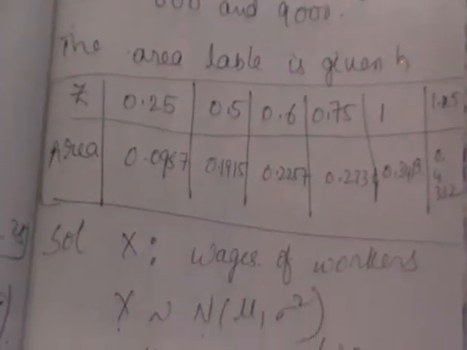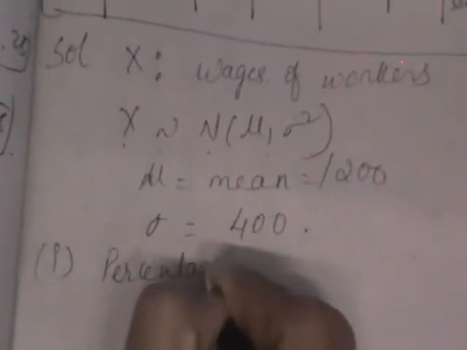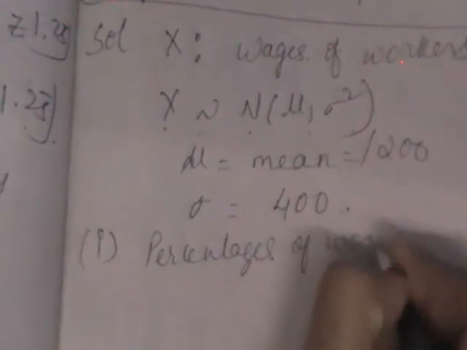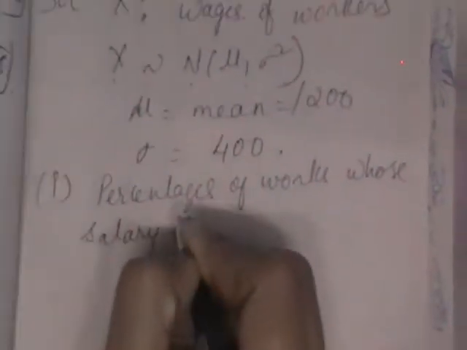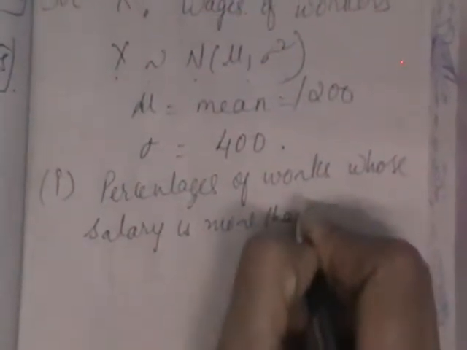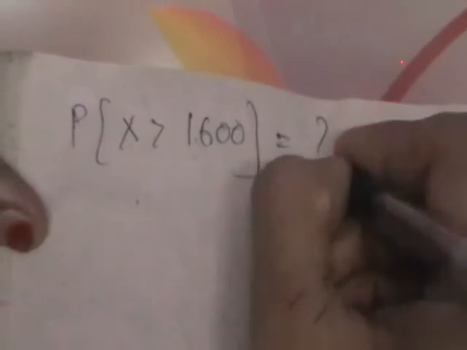You need to calculate the percentage of workers whose salary is more than 1600, which means finding probability that x greater than 1600. Whenever we have x on the normal distribution, you should convert it into z. Z is x minus mu by sigma, where z is a standard normal variate. The areas can be calculated from the given table.